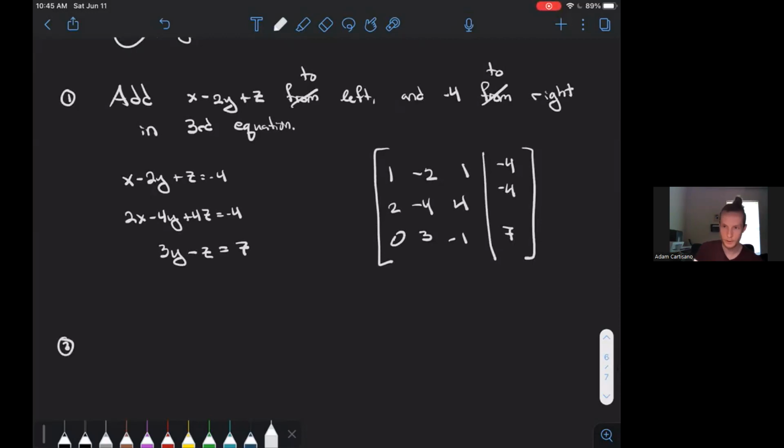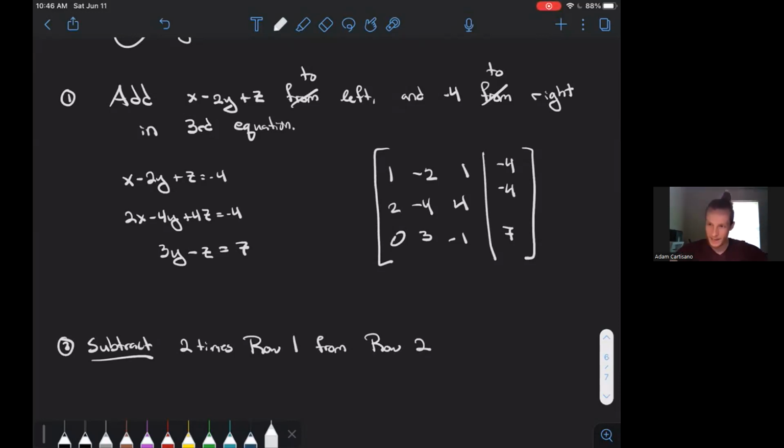Let me write it with words: subtract 2 times row 1 from row 2. Notice I used some shorthand.